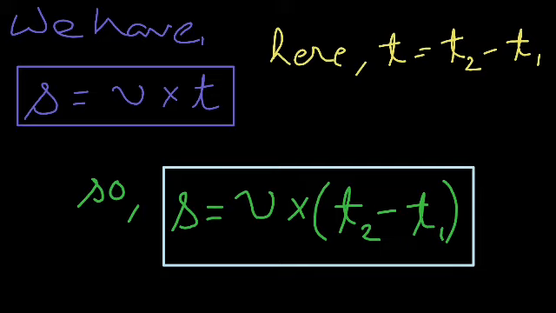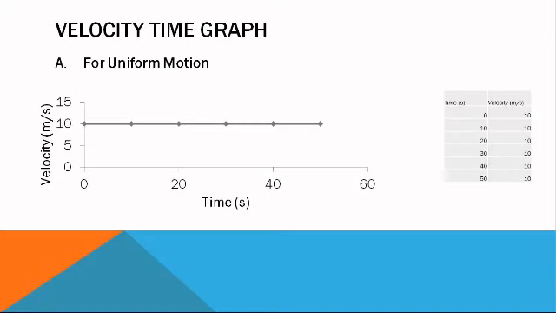So whatever we find the area is the distance covered by that object between the points point A and point B. So this is how the velocity time graph for uniform motion looks like. Now I will give a question and in this graph only I will put the point A and point B, and then you have to find the distance between the velocities at point A and the velocity at point B. How you will find the distance?